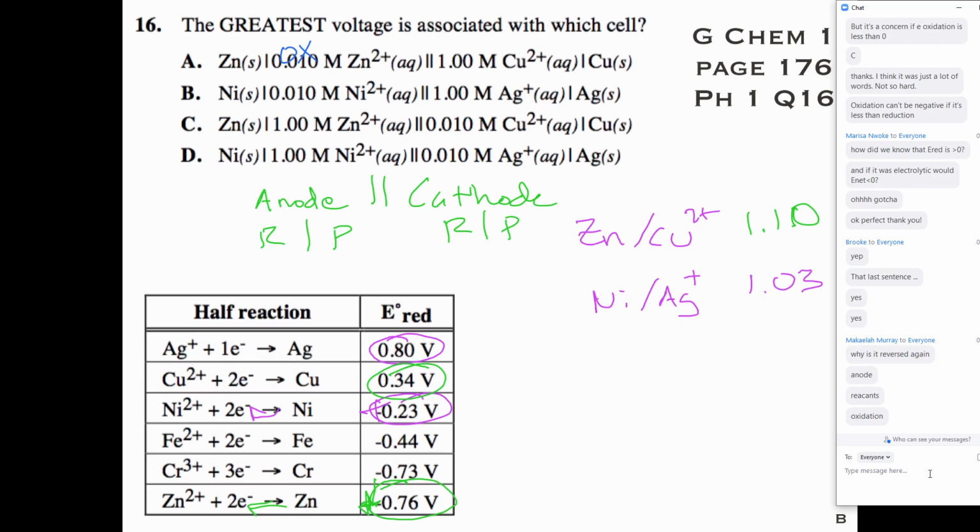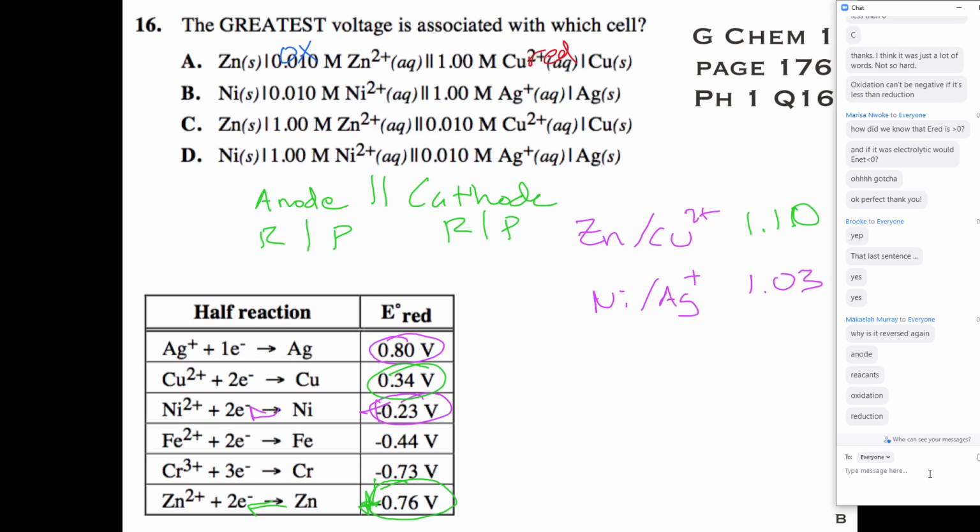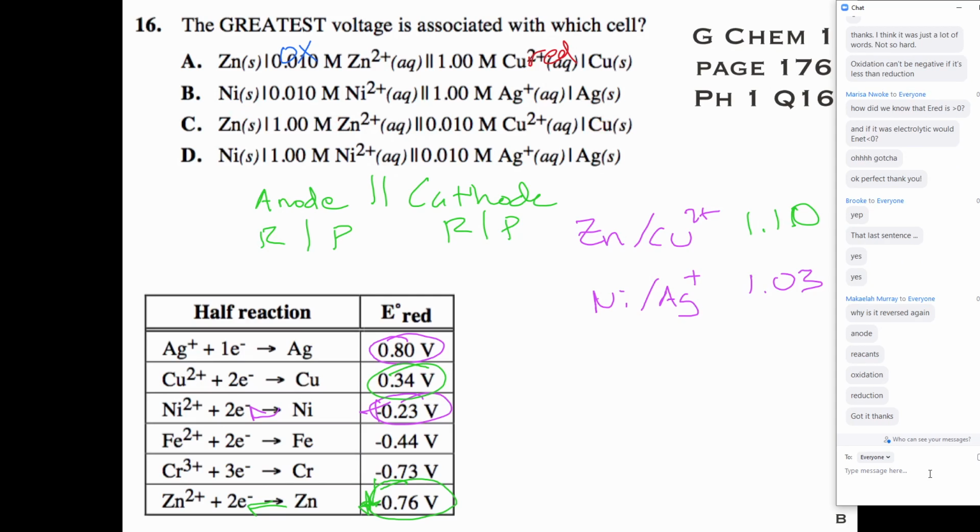Oxidation. And then copper 2 plus going to copper, reduction. So I must reverse the zinc, keep copper as is, reverse the nickel, keep silver as is. Okay, so that's why I'm reversing it. And that's where I got these numbers.